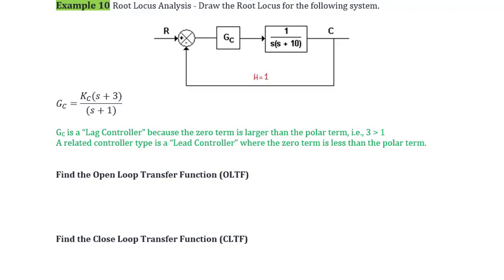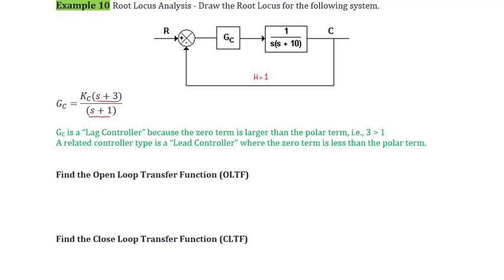So in this case, we're going to use a lag controller. I wrote it here in green. A lag controller is such that the zero term, that's the S plus 3, is a larger number. The 3 is larger than the pole term, that's the one down here, which has an S equal to -1.